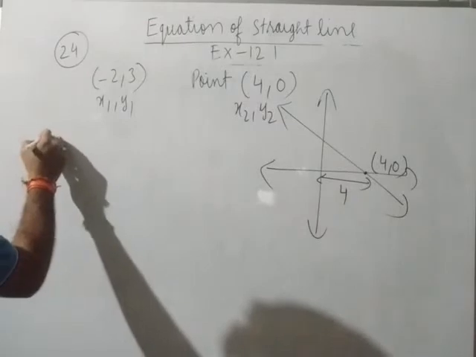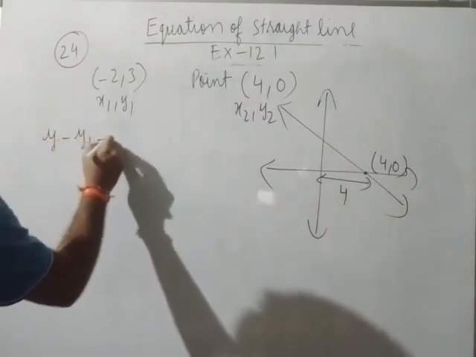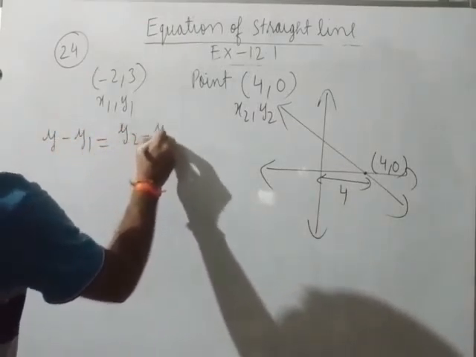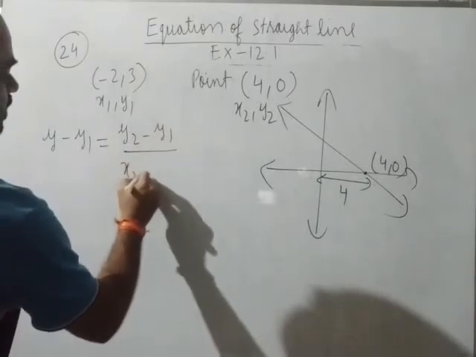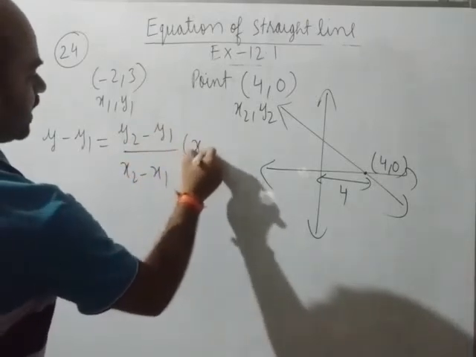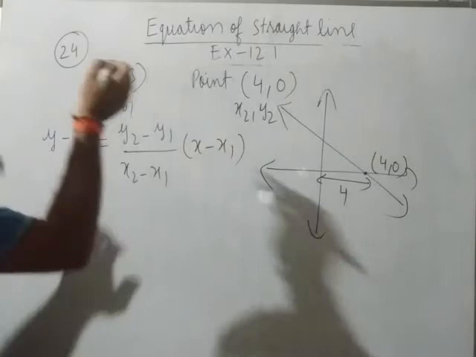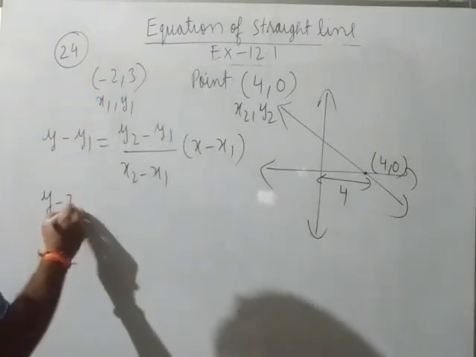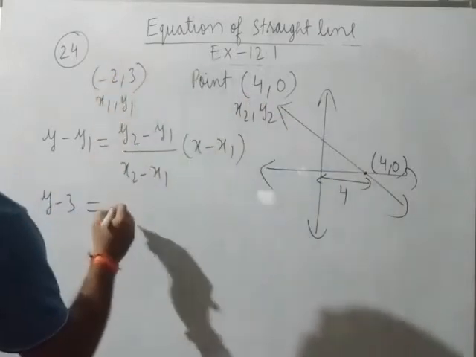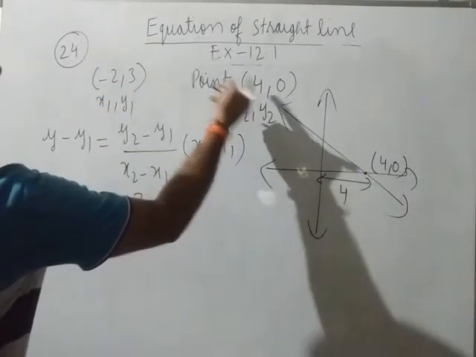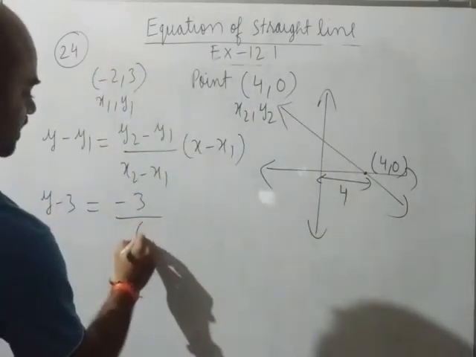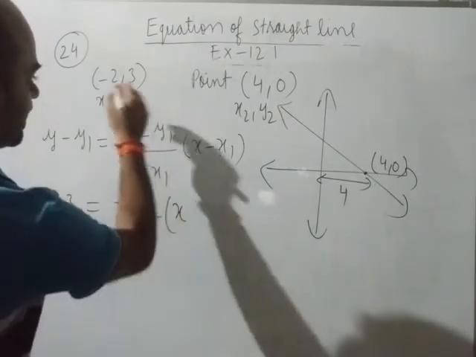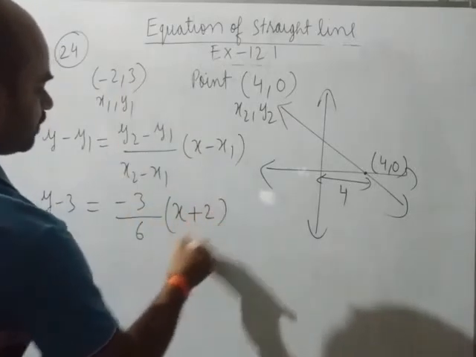That means y minus y1 is equal to (y2 minus y1) upon (x2 minus x1) times (x minus x1). Substitute all the values. y1 is 3. y2 minus y1 is -3. x2 minus x1 is plus 6. X minus x1 is x plus 2. Correct?